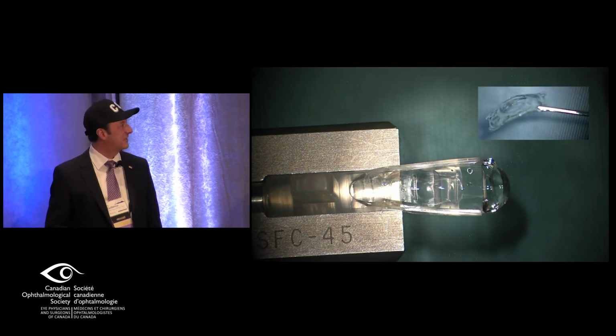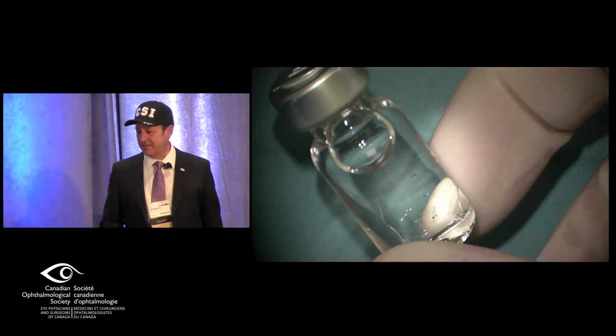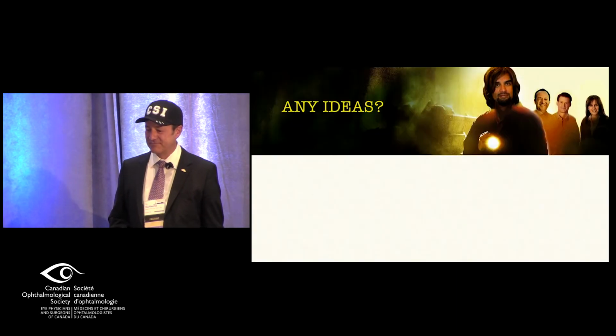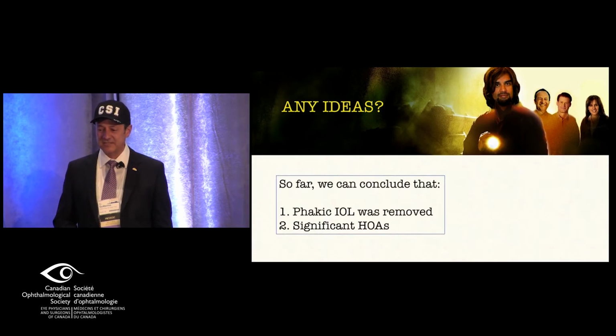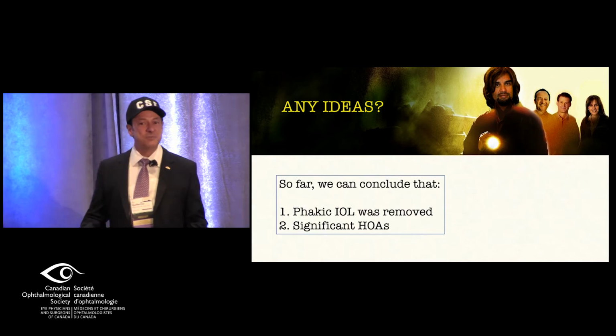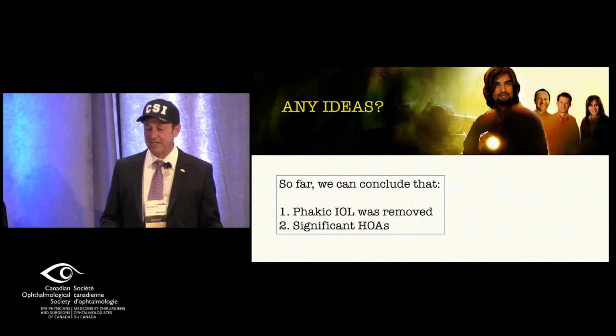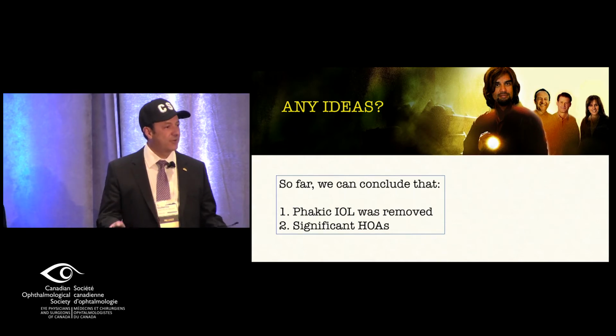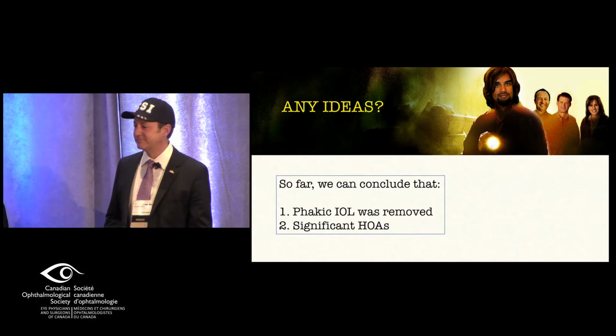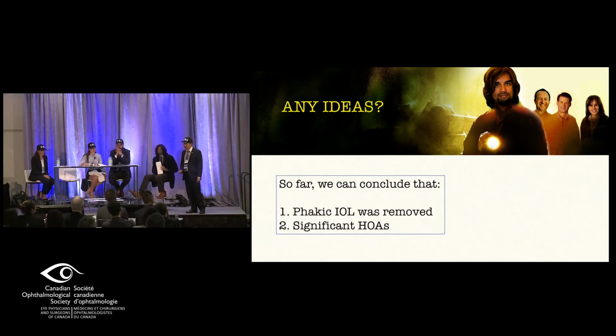So that's a phakic IOL. We were able to obtain the evidence in this way. We can conclude that what was removed originally was a phakic IOL, and there were significant high-order aberrations. Any comments from the team?